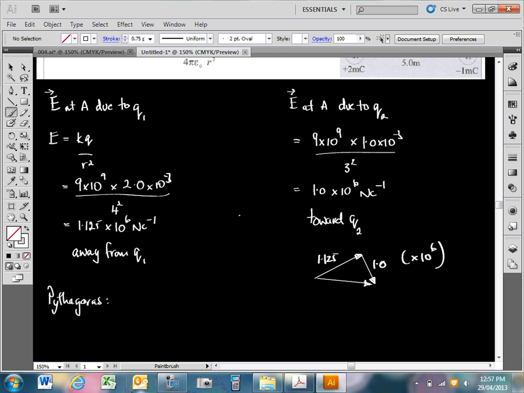Using Pythagoras, I'll call this R, the resultant.